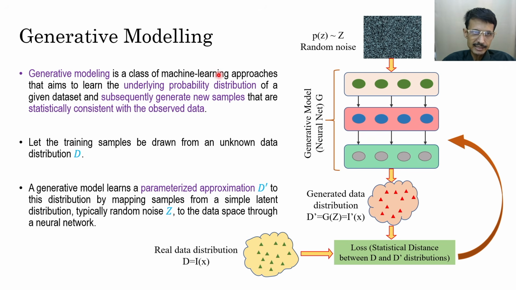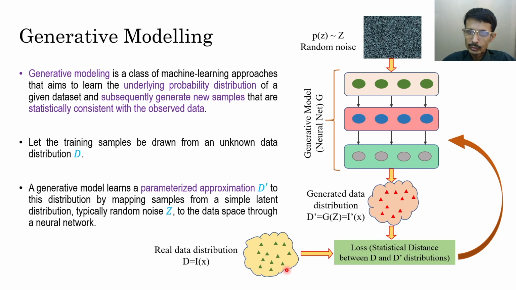Now how is it consistent with this statement? If you think a bit differently, this is the observed data or given data set, the real data distribution. What we actually try to understand, without knowing the data distribution, is to model this distribution.